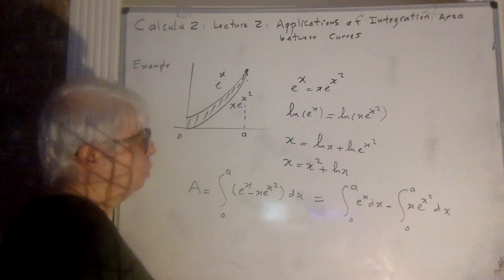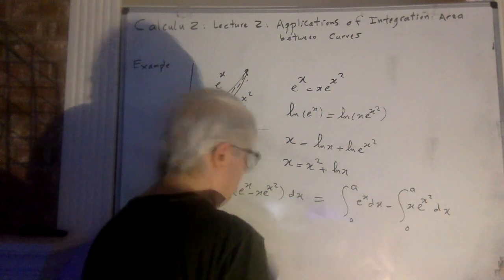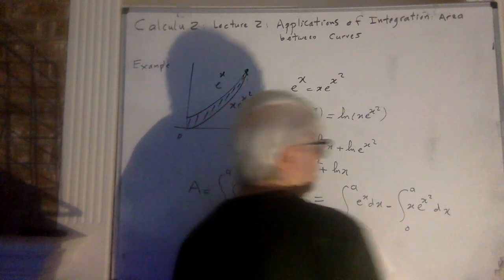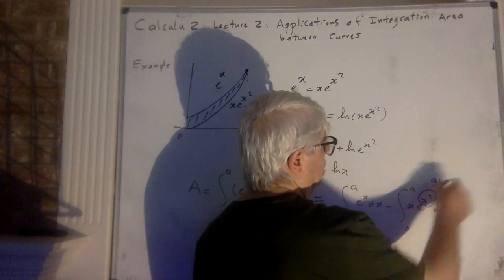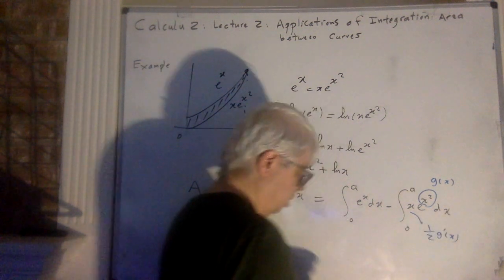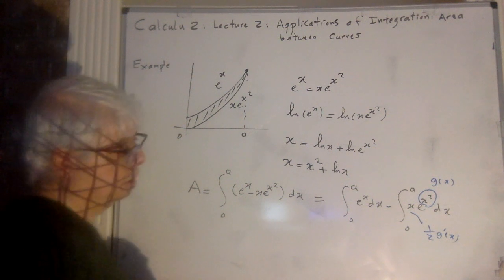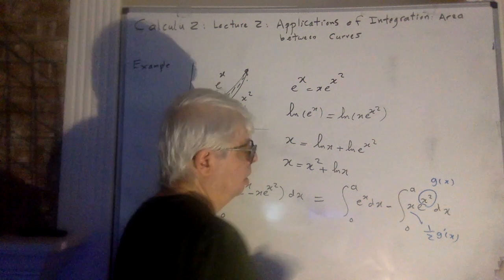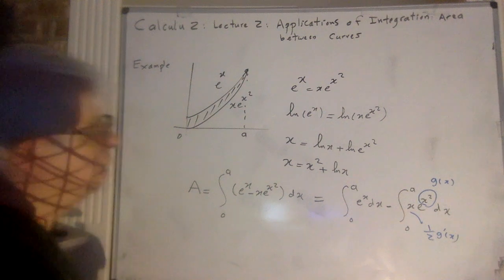Well, this one is just e to power x, and this one you can tell that the inside function is in fact this x squared, that's like the g of x, remember? And this is 1/2 g prime of x, right? So that one can be solved using integration by substitution. And that is in fact 1/2 e to power x squared. This is 1/2 e to power x squared. And this one is just simply e to power x.